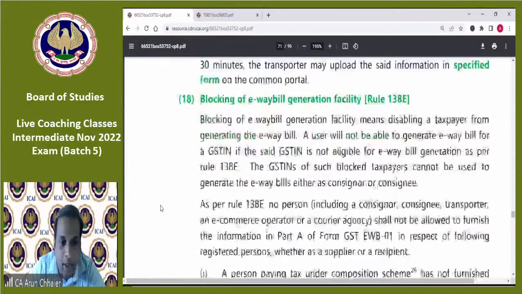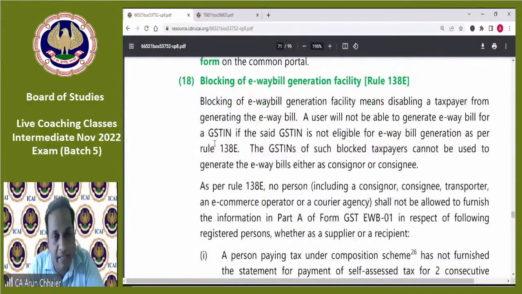Try to understand. Blocking of e-way bill generation facility means 138E is talking about the e-way bill generation facility being blocked. Blocking means disabling the taxpayer from generating the e-way bill.